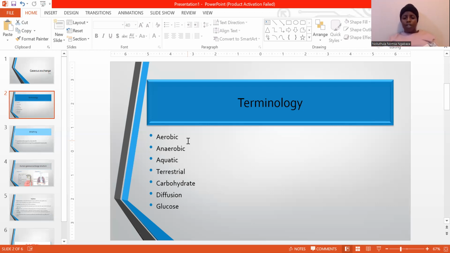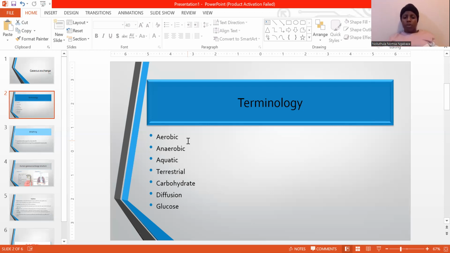Just a recap: glucose, sucrose, and starch are three different types of sugars. If I can take you back, you'll remember that in grade 10, we said that there are certain sugars that can be broken down into simpler states, and we also have sugars that cannot be broken down into simpler compounds, if I may put it like that.